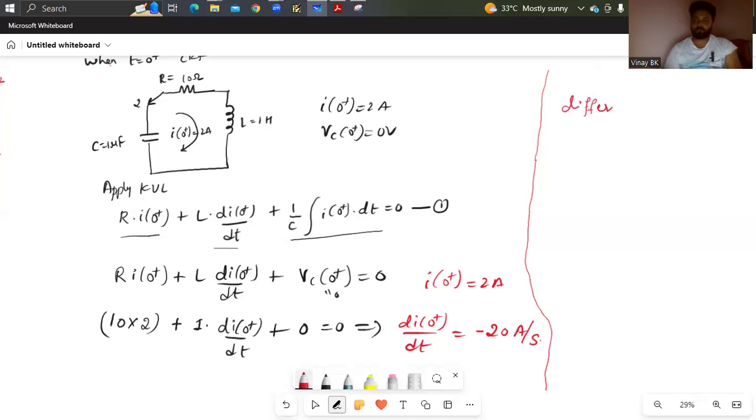Differentiate equation 1 with respect to t when t equals 0 plus.